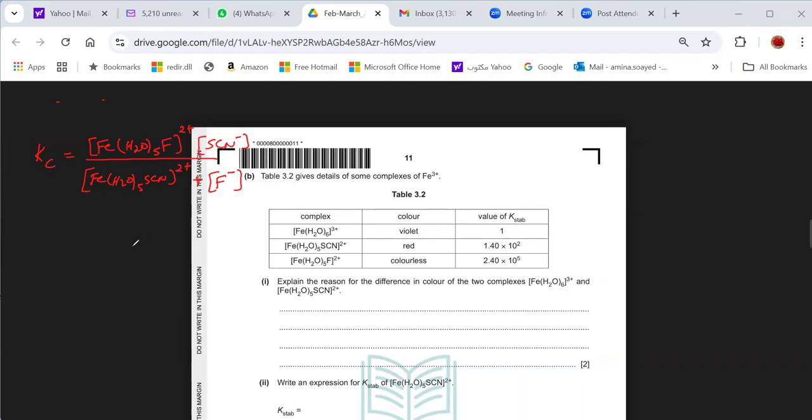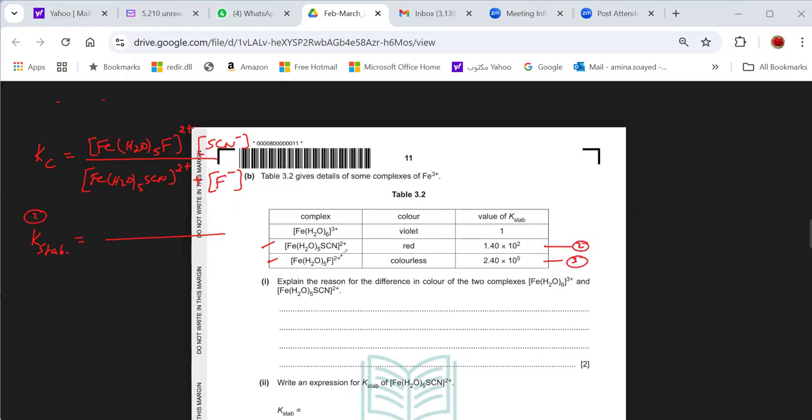So here for the first one, let us take these two. The K stability of the [Fe(H2O)5SCN]2+ is equal to, let me write, this is 2 and this is 1, this is 3.